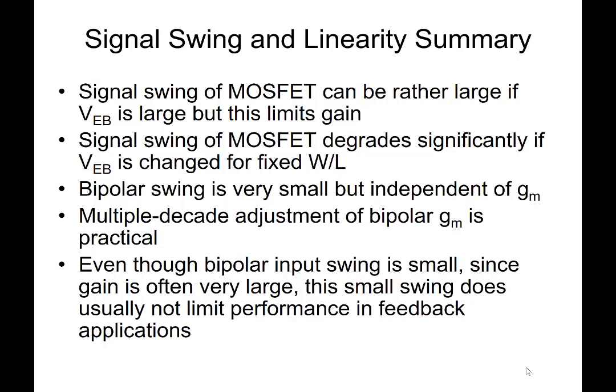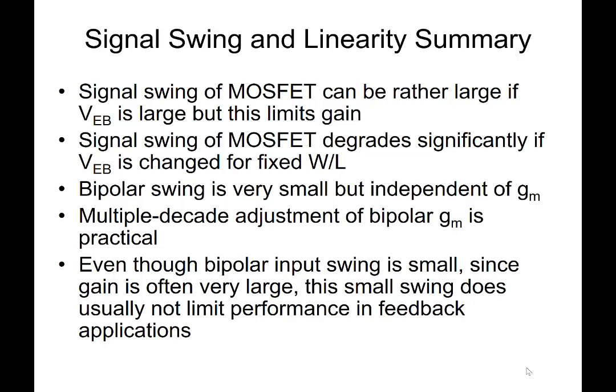Now, we looked at that bipolar amplifier, and we saw that if we wanted at most 1% deviation from linear, if I recall, our signal swing was restricted to about 250 microvolts, right?